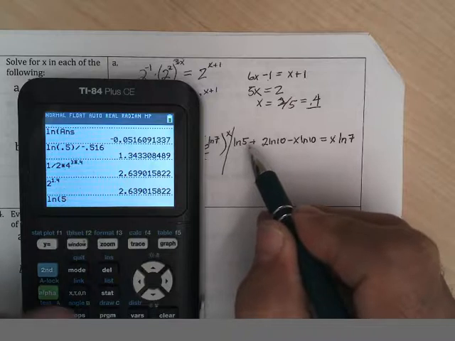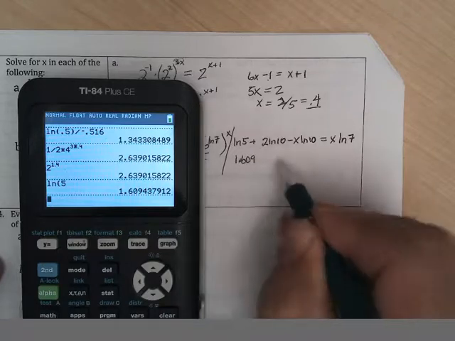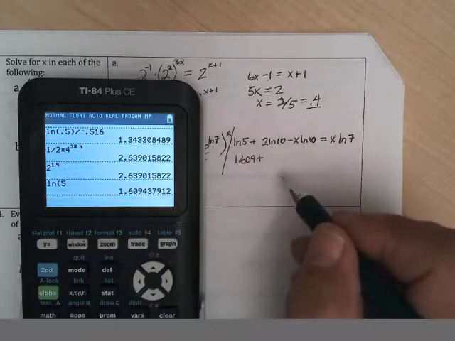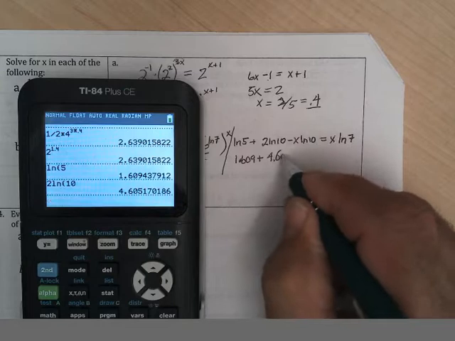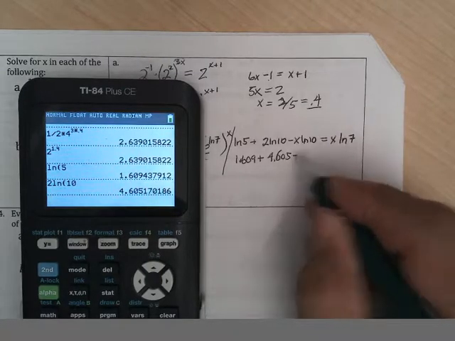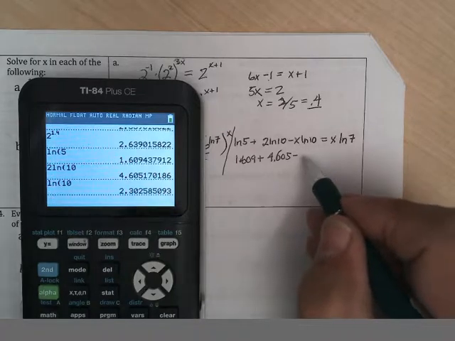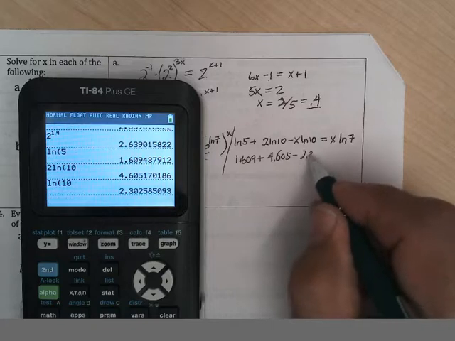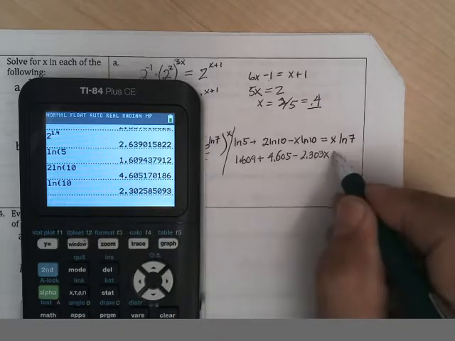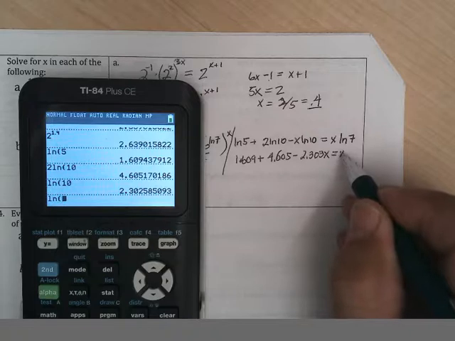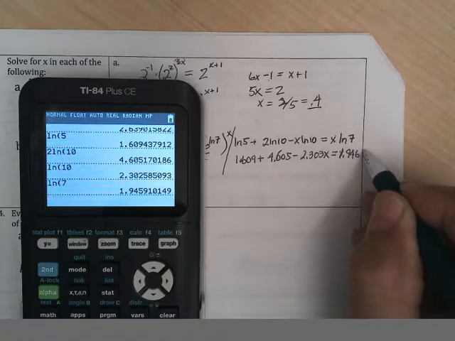So ln 5 is 1.609 plus 2 ln 10. 2 ln 10 is 4.6605 minus ln 10 times x. ln 10 is 2.303, rounding that to 3 decimal places, x equals x ln 7. ln 7 is 1.946x.